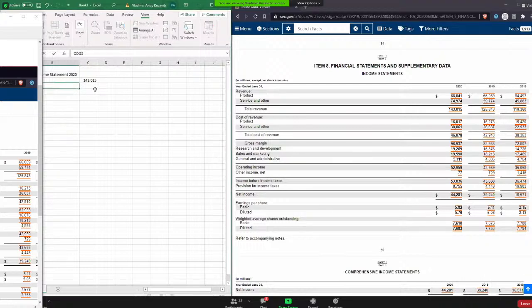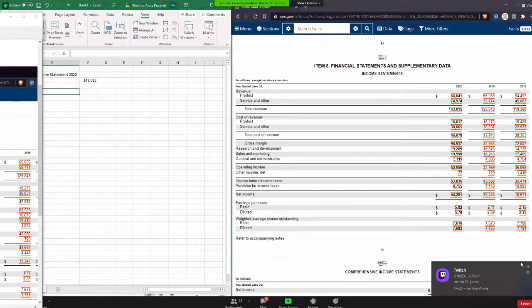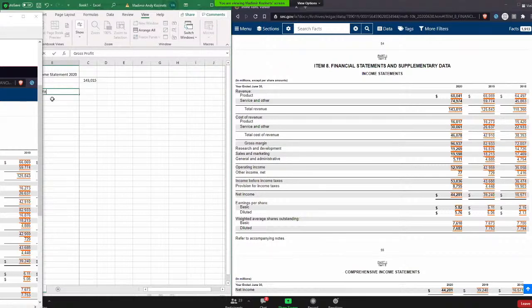We're going to call that COGS, cost of goods sold. And then we'll get gross profit. Revenue minus cost of goods sold equals gross profit.